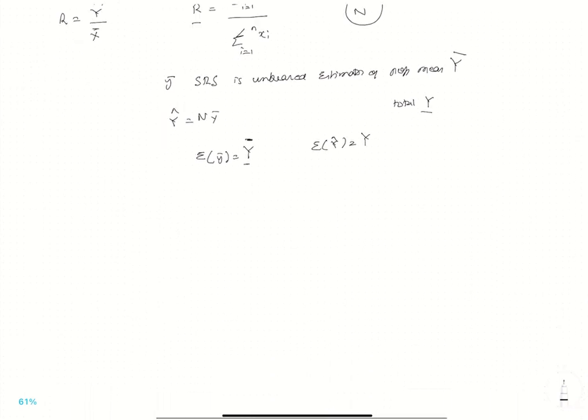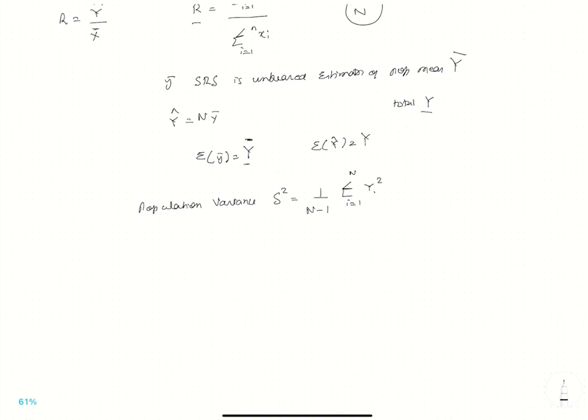Now there are some other formulas. One is the population variance. Population variance is given by S squared, which is going to be 1 upon N minus 1 sigma i equals 1 to N yi squares.